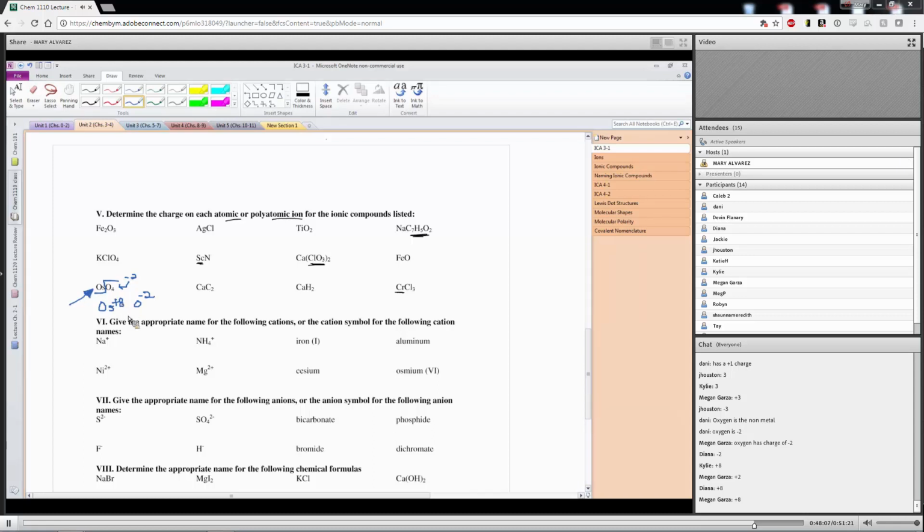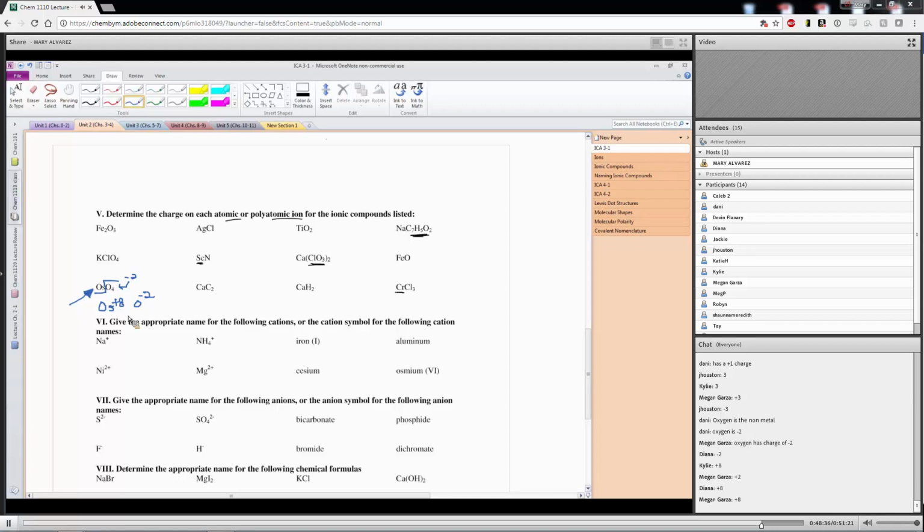That's kind of weird, isn't it? +8? What the? It's because it's a transition metal. Don't be at all bothered by that. The formula tells you what it has to be. There are 4 oxygen ions. Each oxygen ion has a charge of -2. So there's a total of 8 negative charges in this compound. In order for it to be neutral, I have to have a total of 8 positive charges. And there's only 1 osmium, so it's stuck with all 8.